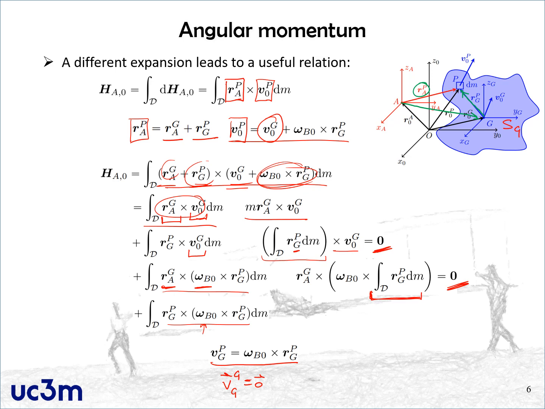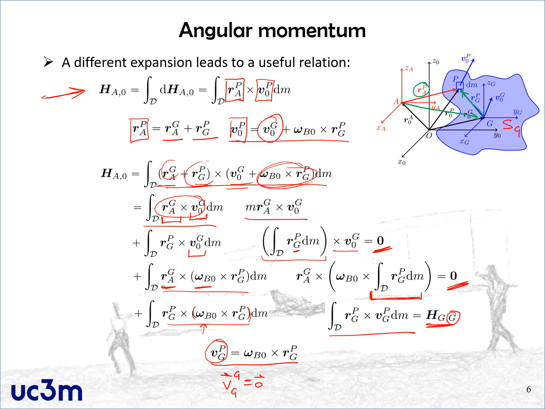So we can replace this parenthesis over here with the velocity of p as seen from reference frame g. When we do that, we obtain this expression, which by comparison with the definition of the angular momentum at the beginning, we can identify that this is the angular momentum of the rigid body about point G as seen in reference frame G. So I'll say that again.